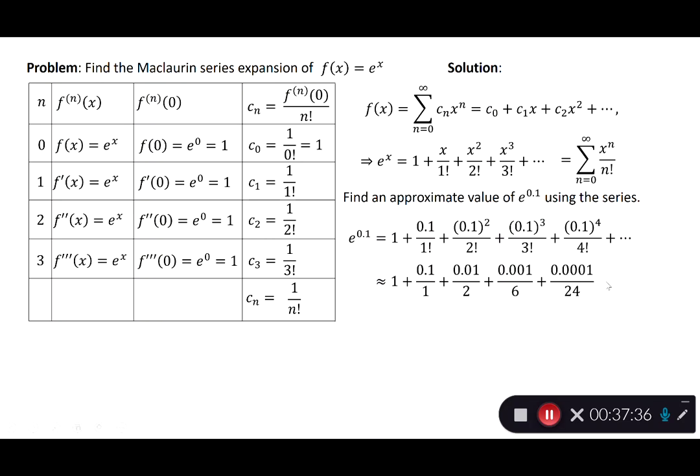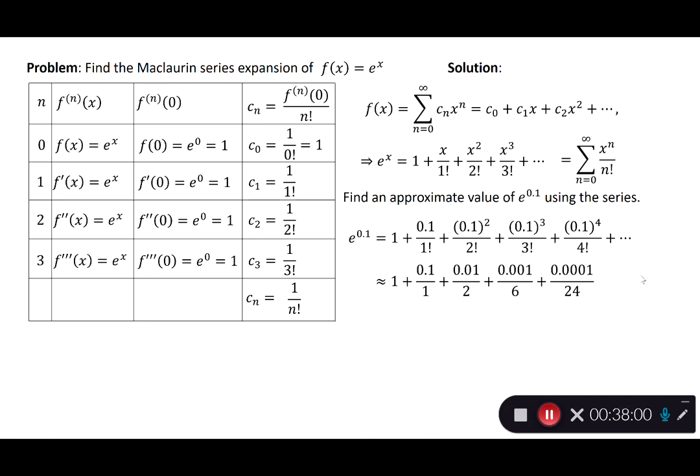Look at how small the remaining terms are getting. As you go further down, the terms are so ridiculously small. So it's perfectly all right if you say, I'm not going to consider terms beyond the 5th term.